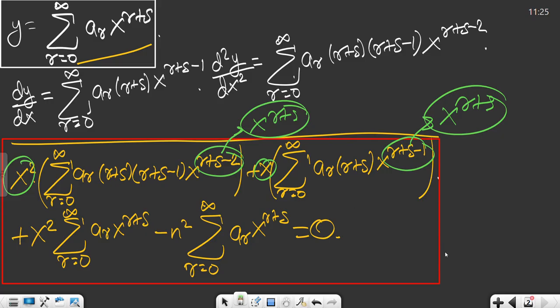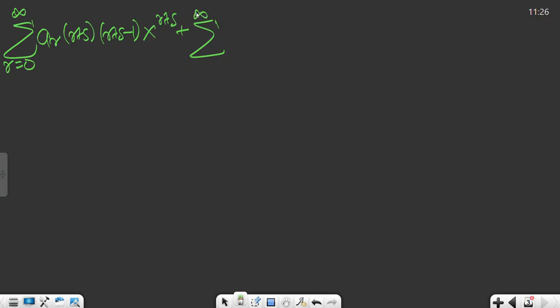So this becomes the infinite sum as r goes from 0 to infinity of a sub r, r plus s, r plus s minus 1, x to the r plus s, plus again the sum as r goes from 0 to infinity of a sub r, r plus s, x to the r plus s.